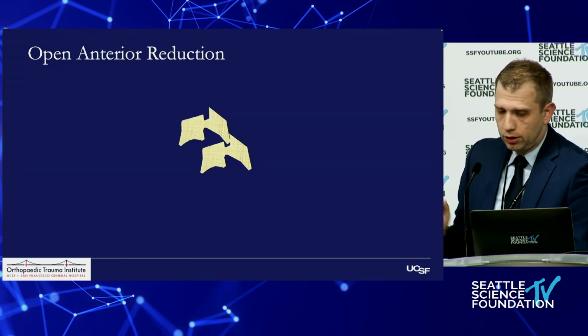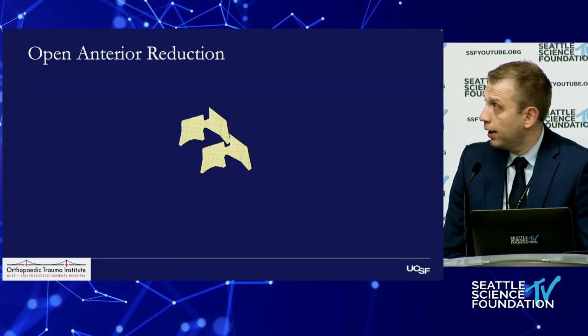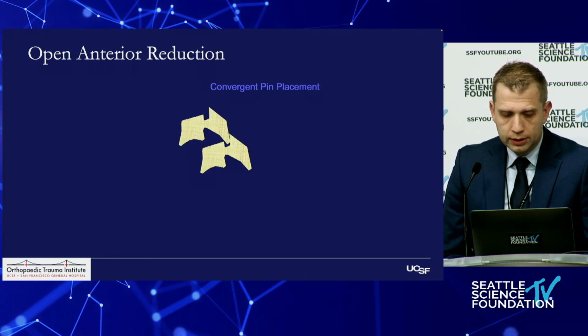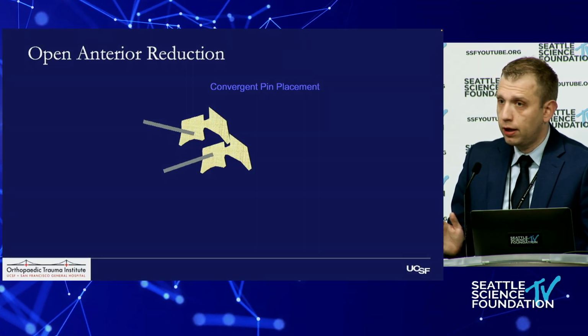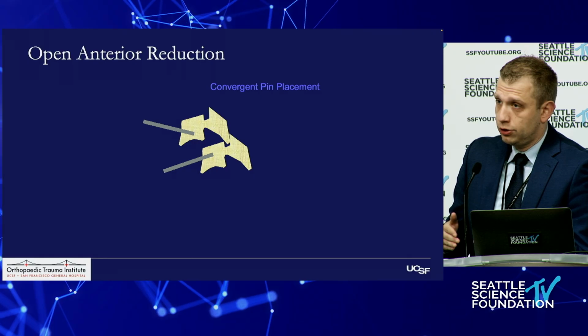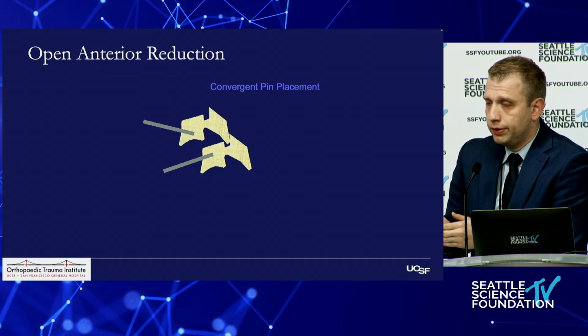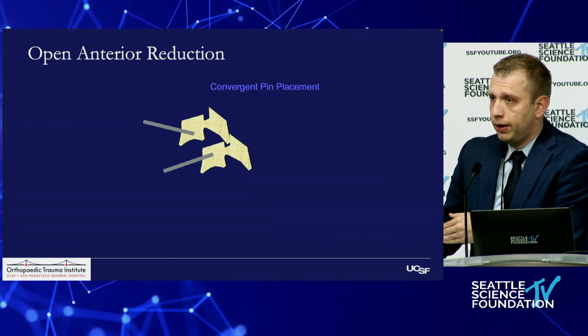And so here we have our joint facets, and if I'm trying to reduce this anteriorly, what I'll do is take the Caspar pins and put them convergent, as opposed to when we do a standard ACDF, where you want to put them divergent to open up the front.